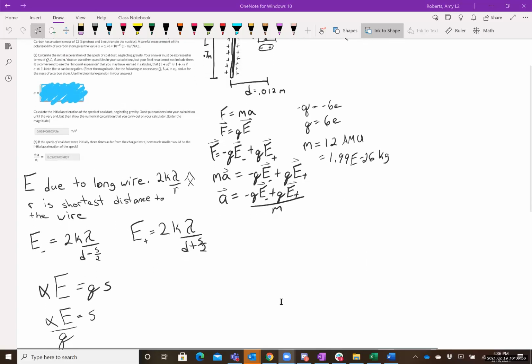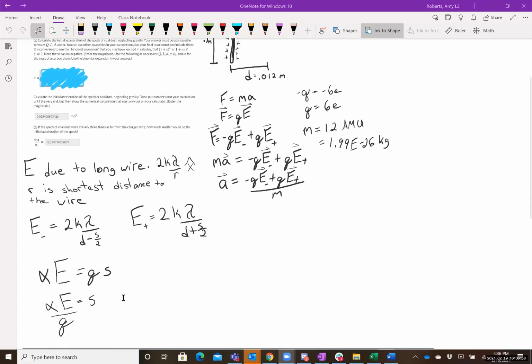So if you put in your quantity, like how would you calculate E? Then you've got everything. You've got S, which you can plug into your E plus and your E minus, which you can then plug into your A. And so then you've got everything in terms of quantities that are given.